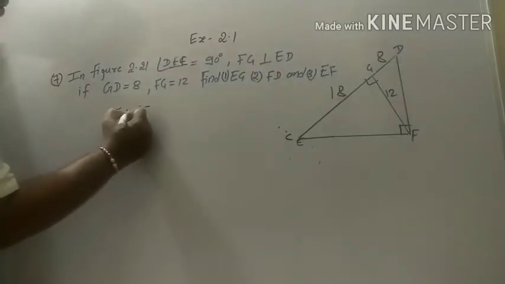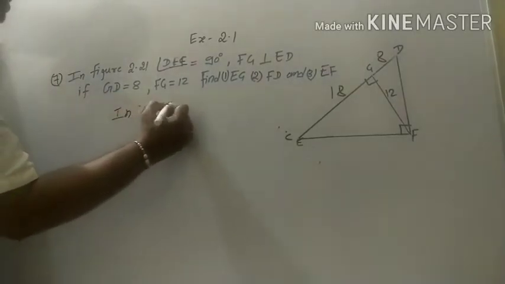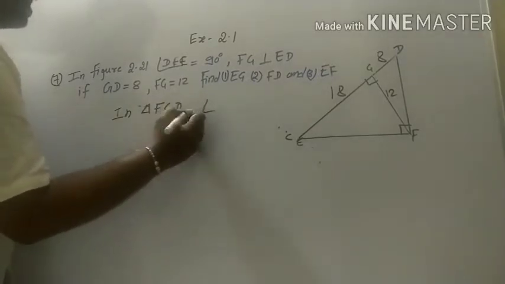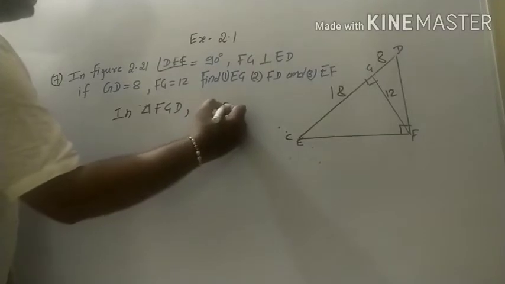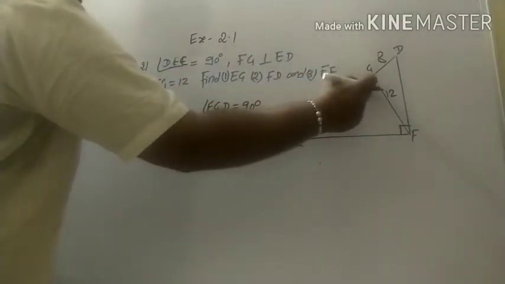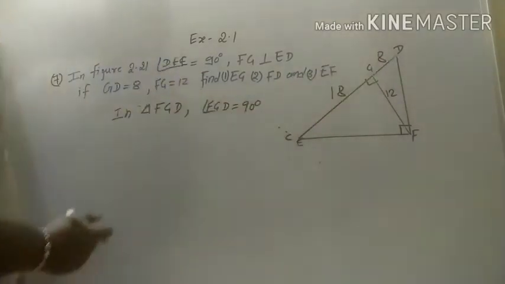In triangle FGD, angle FGD is equal to 90 degree, because this is perpendicular. If it is 90 degree, then this also is 90 degree.